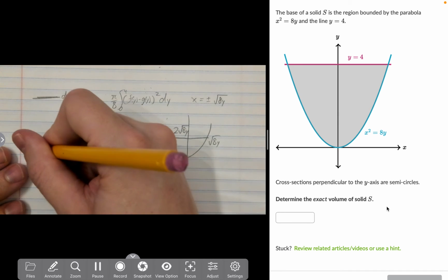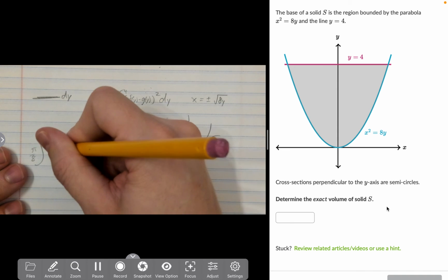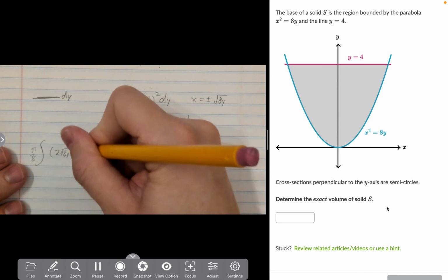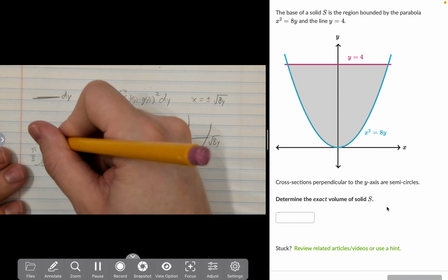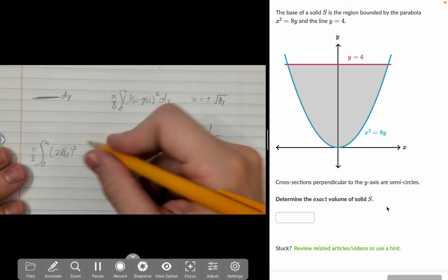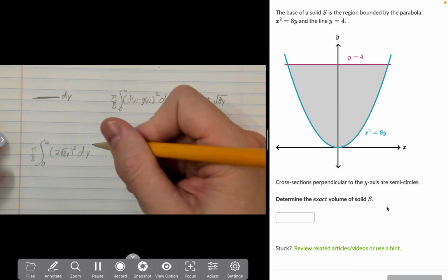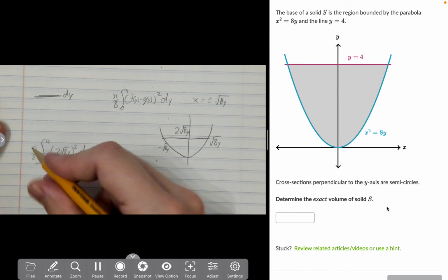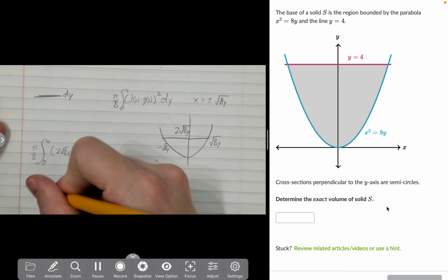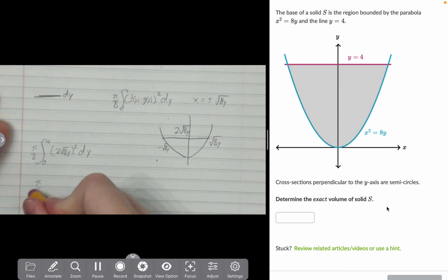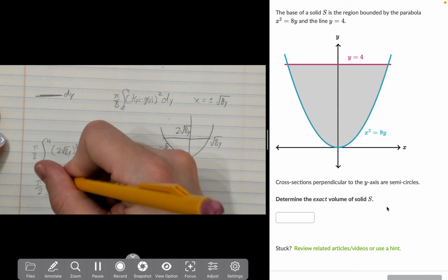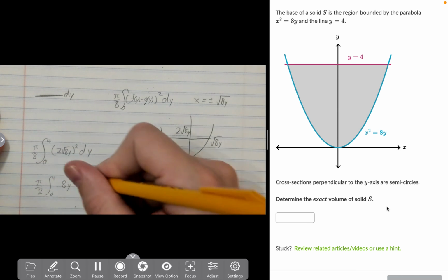Let's integrate. We've got a pi over 8. We've got a 2 root 8y squared from 0 to 4. And that's a dy integral. So when I square that, that's going to become a 4, which will do some algebra with that 8. So we haven't actually integrated yet. And then we just have 8y on the inside of the integral.